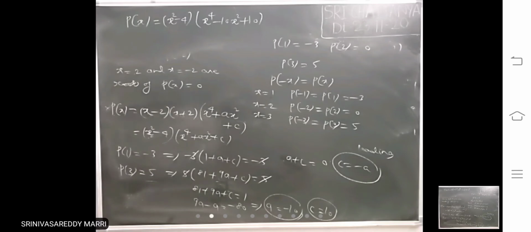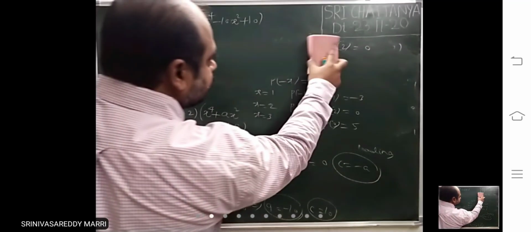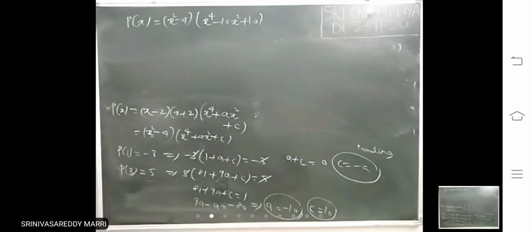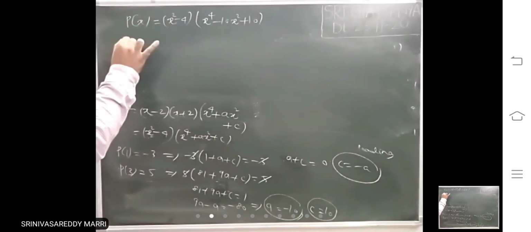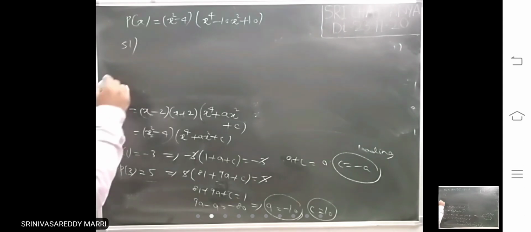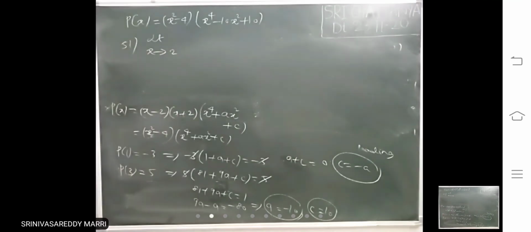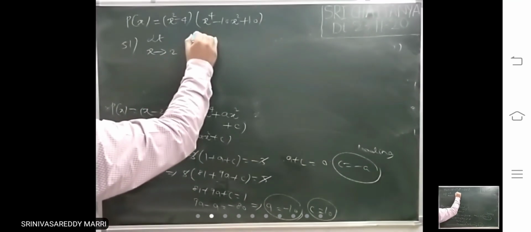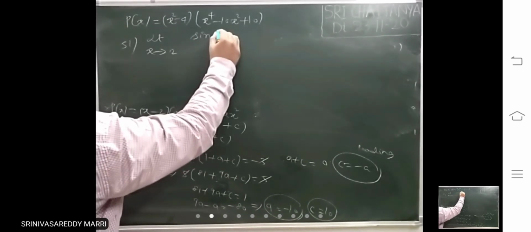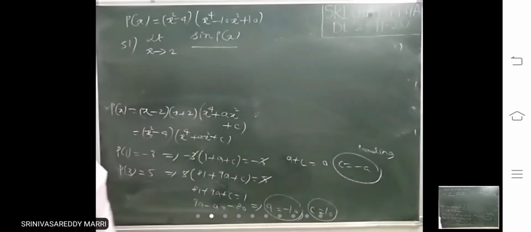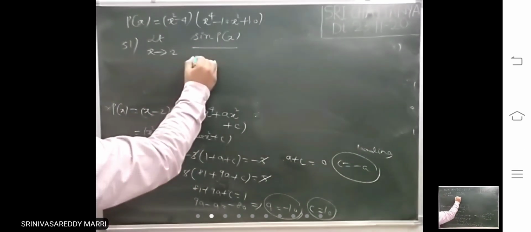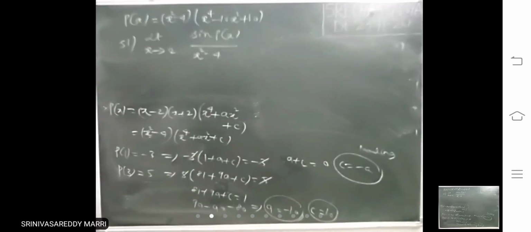Now what he is asking, look at, first we have to come to the question. 51, you see once. Limit x tends to 2, sine of p of x divided by x square minus 4.